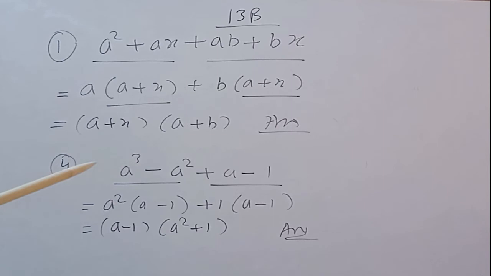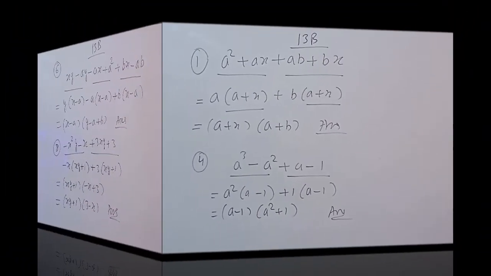In the second pair we have nothing common, so we take 1 as the divisor, and we write 1 and in the bracket a − 1. Now in the second step we see that a − 1 is dividing both terms. So we take a − 1 outside, and in the bracket we will have a² + 1. In that manner you will solve question number 1 and question number 4.